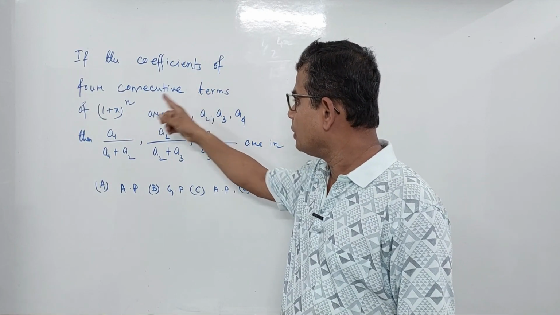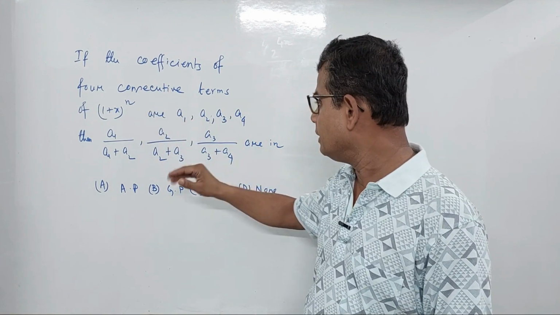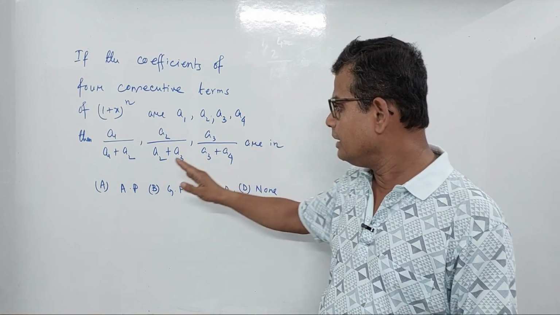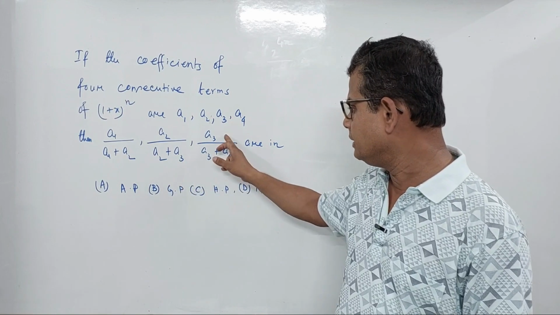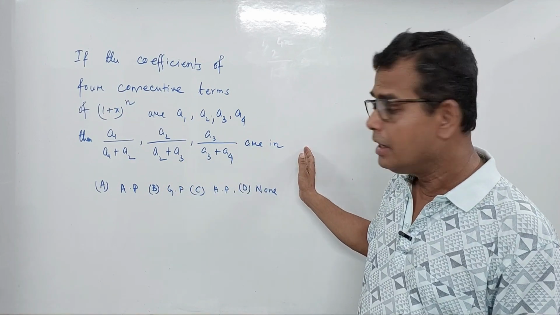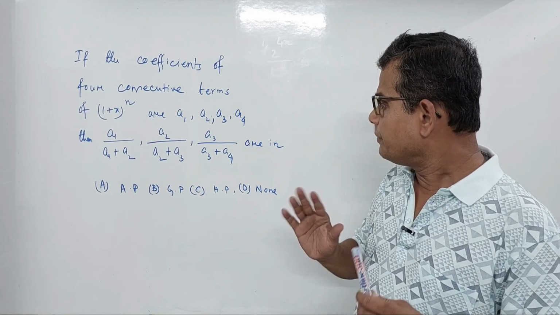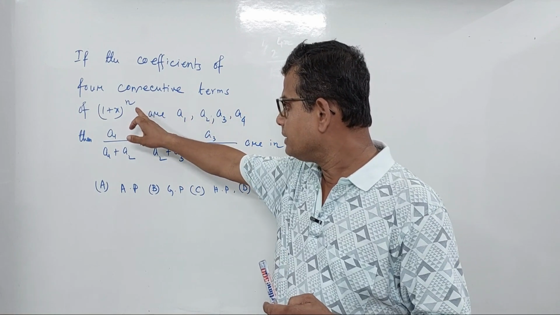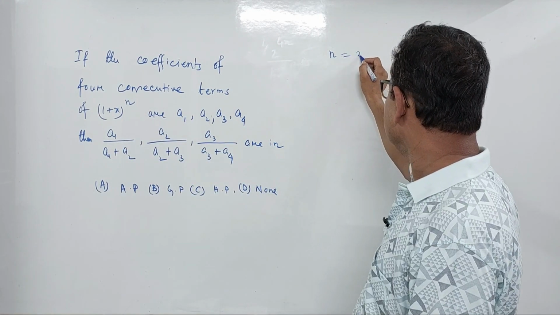If the coefficients of 4 consecutive terms of (1 plus x) to the power n are a1, a2, a3 and a4, then a1 by a1 plus a2, a2 by a2 plus a3, a3 by a3 plus a4 are in AP, GP or HP. So at first, to get 4 terms, we can take the value of n equal to 3.